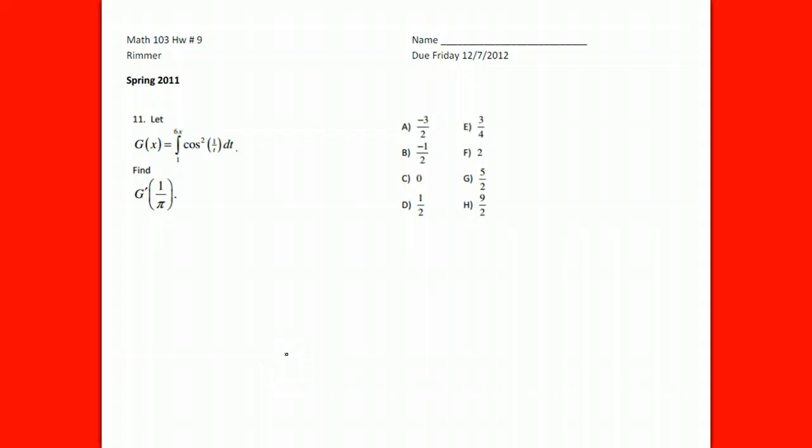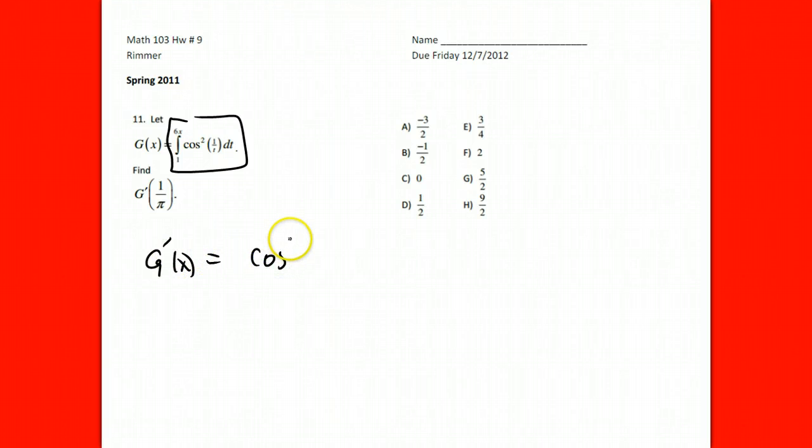We have this area accumulating function, g of x. We don't actually integrate the function at all. We're asking for the derivative of that function. The fundamental theorem of calculus says that we just replace the dummy variable t with the function in x that's in the upper limit.